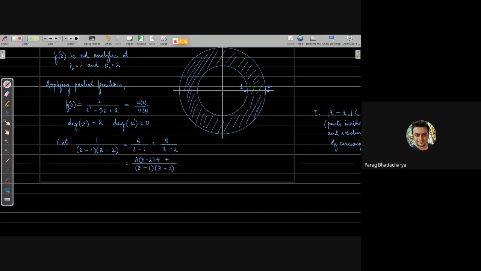Tell me what this becomes. The numerator, what does the numerator become?